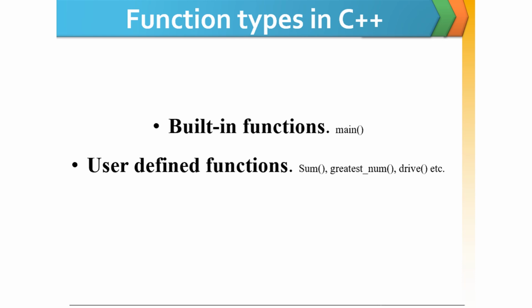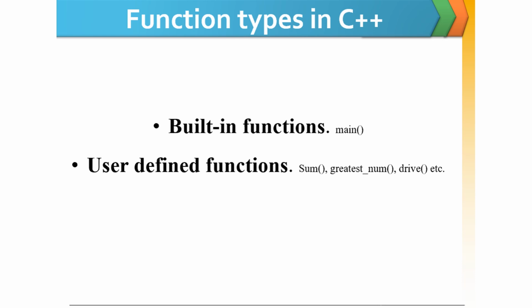Built-in functions are those functions that are defined in the compiler. We can say that the main function of a C++ program is an example of a built-in function. Built-in functions are also called library functions or predefined functions. The next type is user-defined functions.